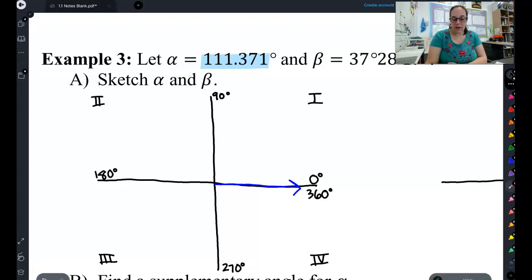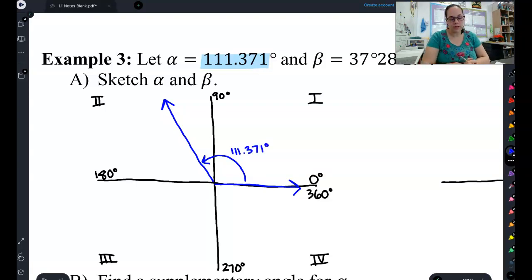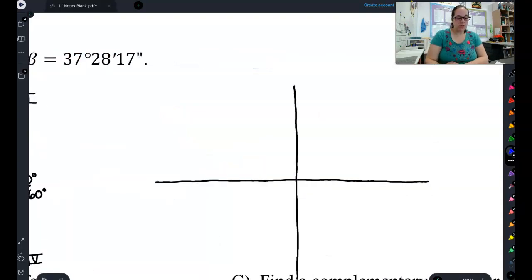So that 111 degrees is going to be somewhere in quadrant 2. Now, I know 111 is going to be closer to 90 than it is to 180. So I'm just going to sketch-ish where I think it should go. And then I label it from the initial side to the terminal side is going to be 111.371 degrees. And that's how I sketch this angle. So let's try and do angle beta.